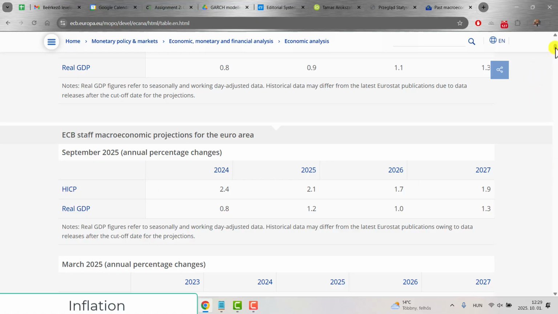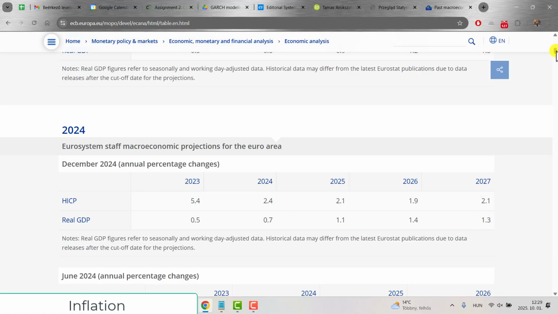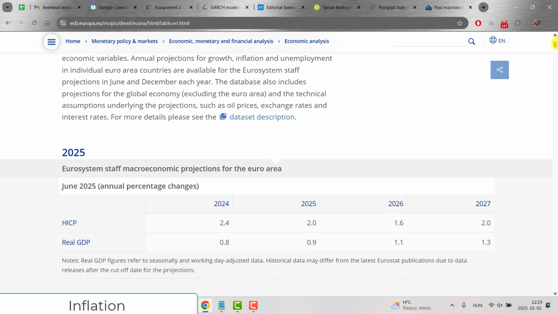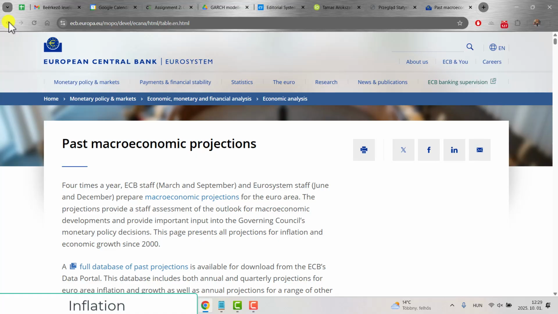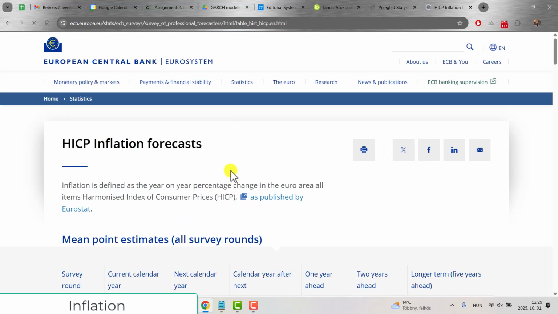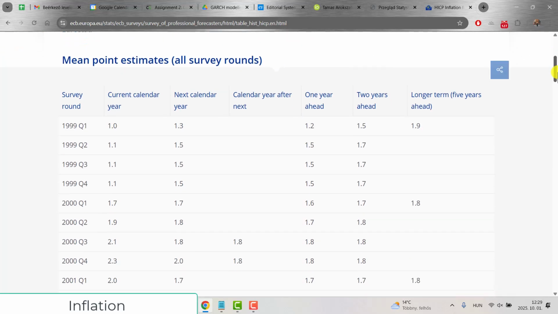Oh, come on, this is also not the proper website. We have real GDP, we have HICP, everything, just not in the... Yes, this is what I was looking for.